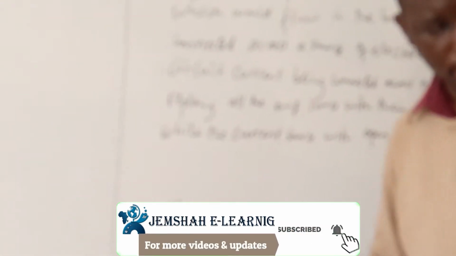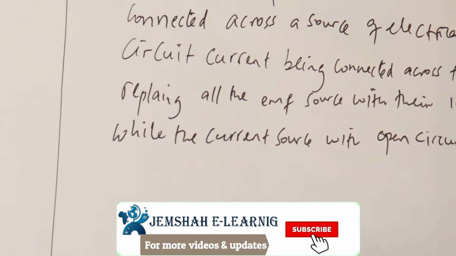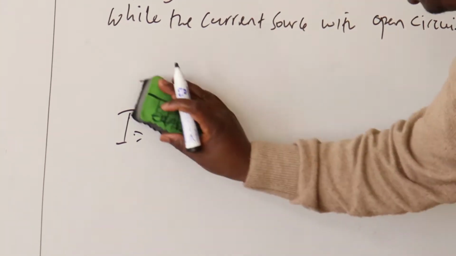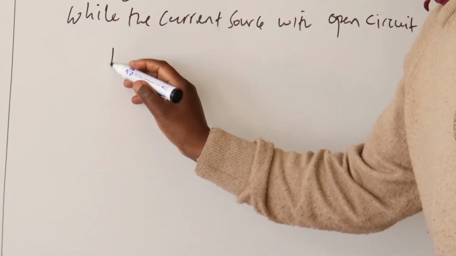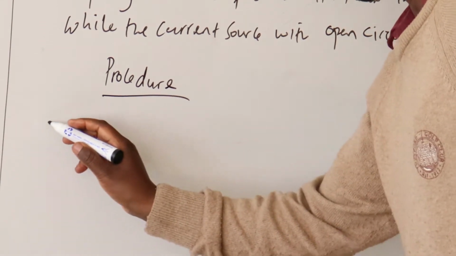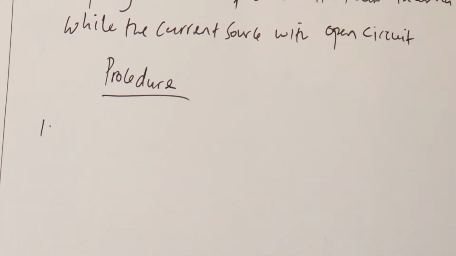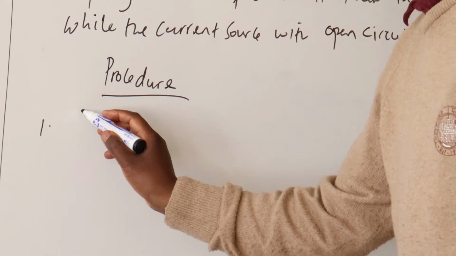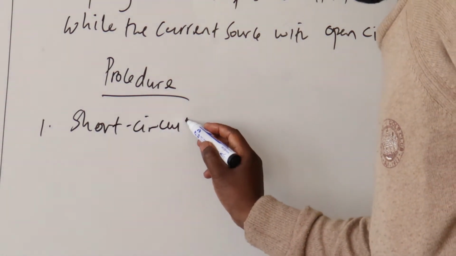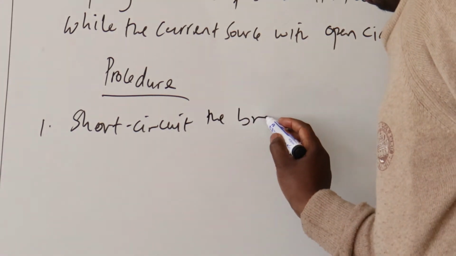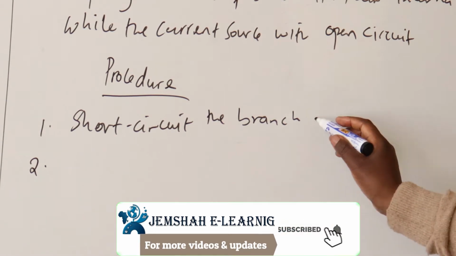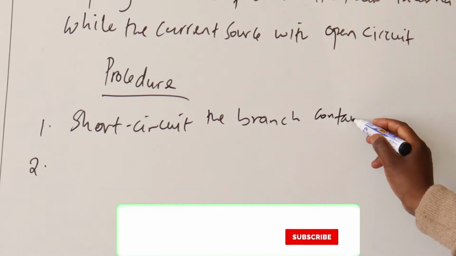Let us identify the procedure you're going to be following. Procedure number one is you short circuit the branch containing the load.